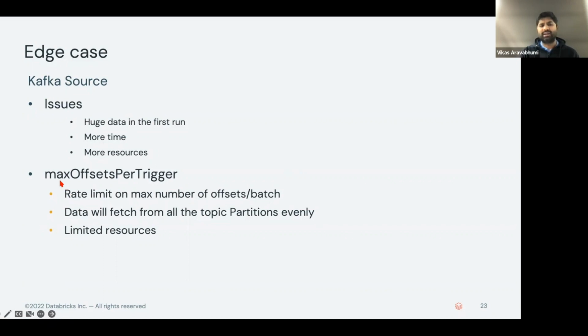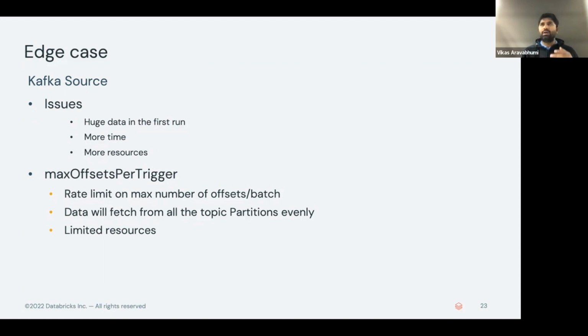Let's go with what max offsets per trigger is. Let's say I have a huge amount of data. If I'm processing for the first time with the Kafka source, then within that particular batch, it will fetch the entire data in a single batch.